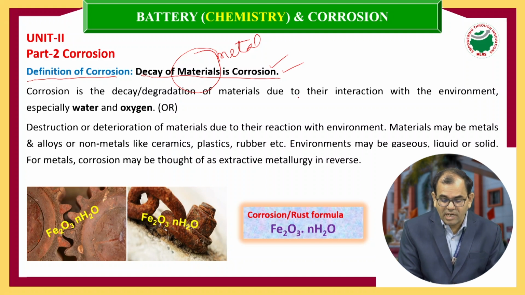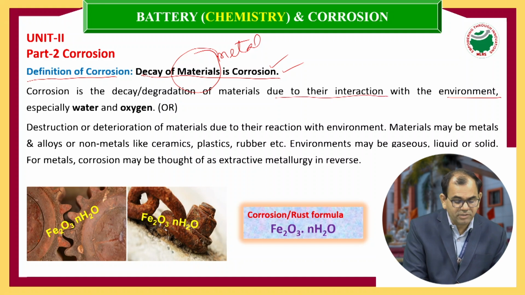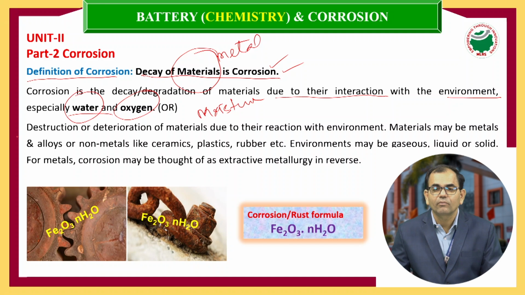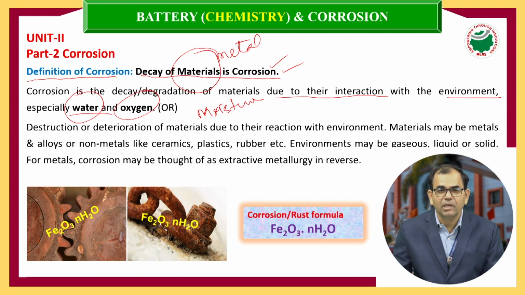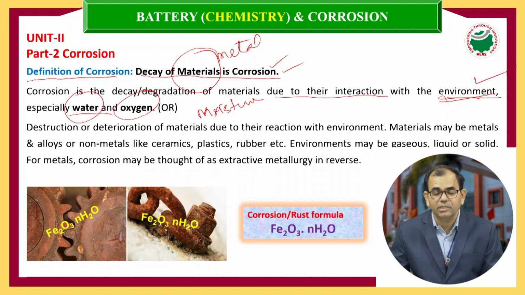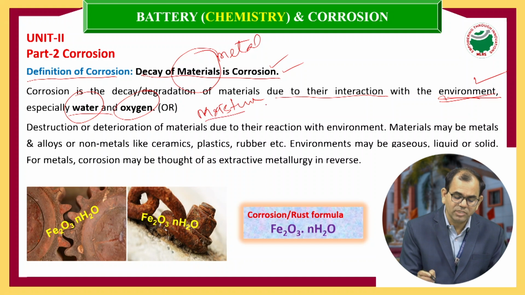Metal degradation is happening due to interaction with the environment, especially water, that is nothing but moisture, and atmospheric oxygen. Why are metals getting corroded? They are corroded due to environmental factors. What are those environmental factors? Moisture.